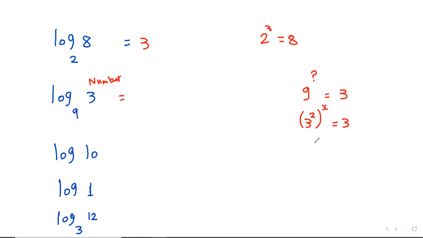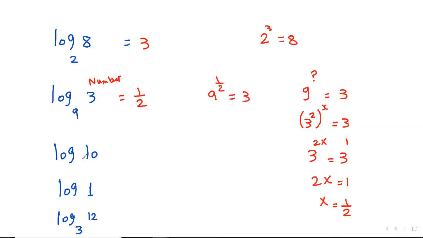So 2 times x, it's 2x, so 3 to the power of 2x equals 3 to the power of 1. The base equals the base, so the power is equal to the power, so 2x equals 1. That means x equals half. So log 3 to the base 9 equals half, because 9 to the power of half equals 3.